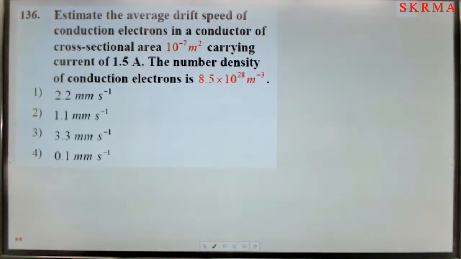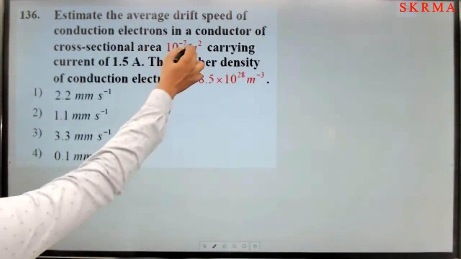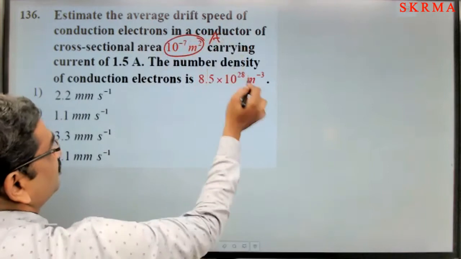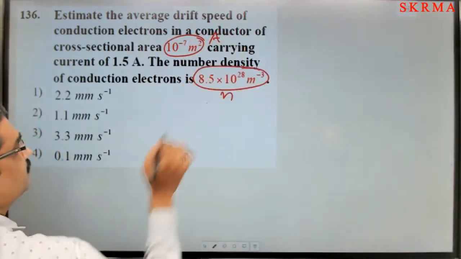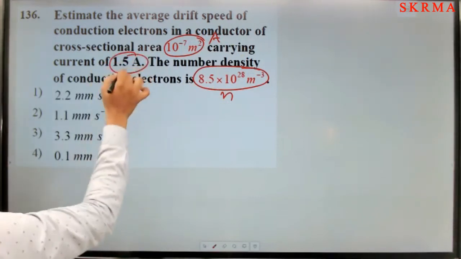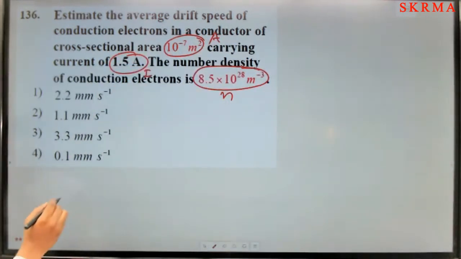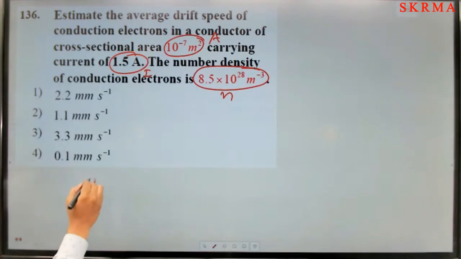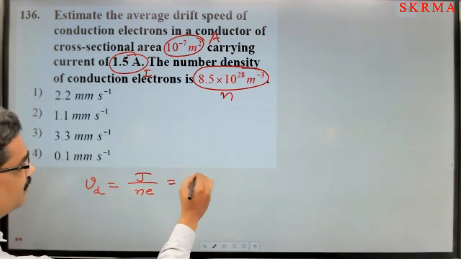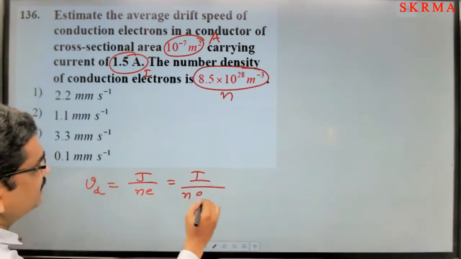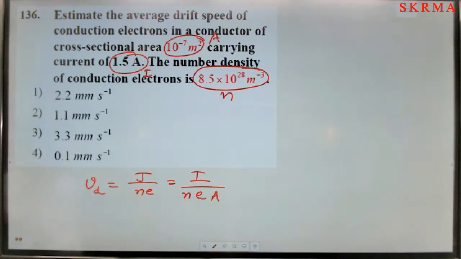Next. Estimate the average drift velocity of conduction electrons in a conductor of cross-sectional area 10 power minus 7. Area is given as 10 power minus 7, the electron density is n, and current I is given as 1.5. What you have to calculate is the drift velocity. Drift velocity formula: J by ne, or I by neA. Substitute and solve.